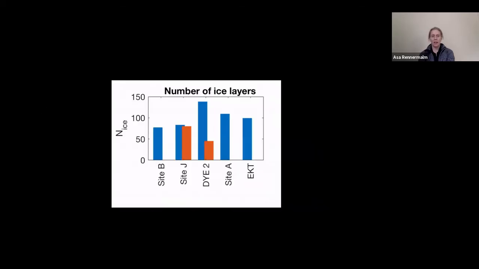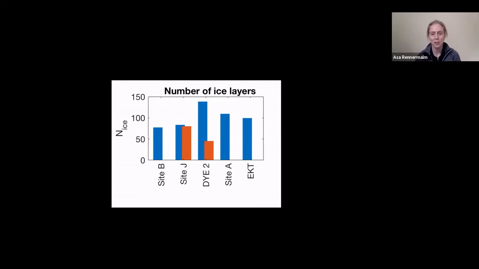Another evidence of this going on is looking at the number of ice layers. Here's the number of ice layers that I counted in the top 20 meters in these cores. I love this figure because it's one of the few figures that doesn't have a strong decrease with increasing elevation.